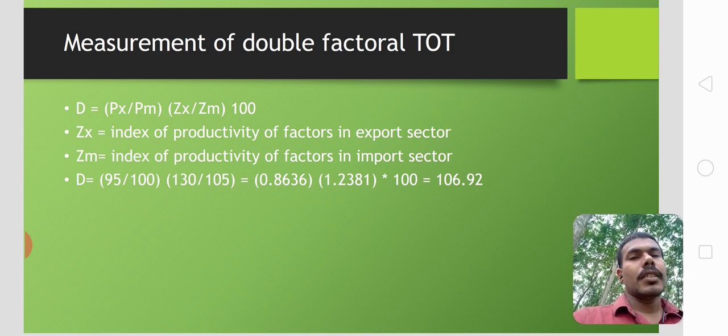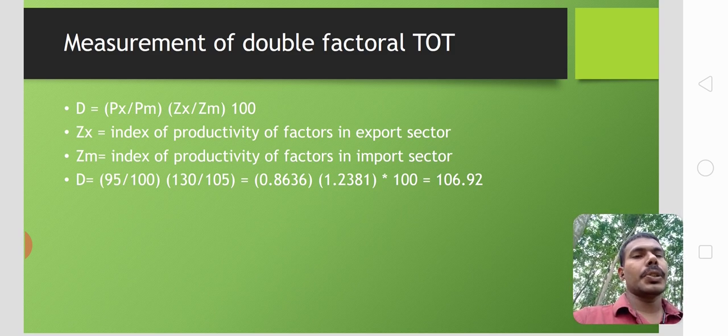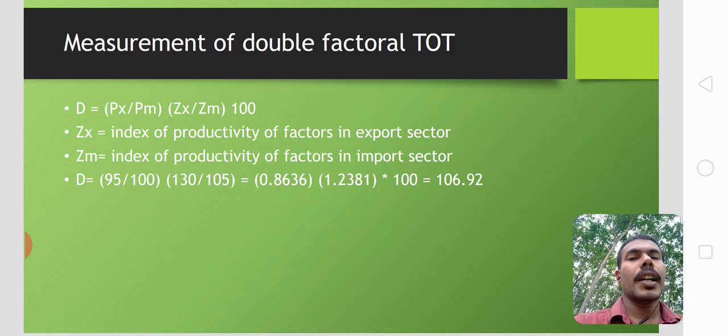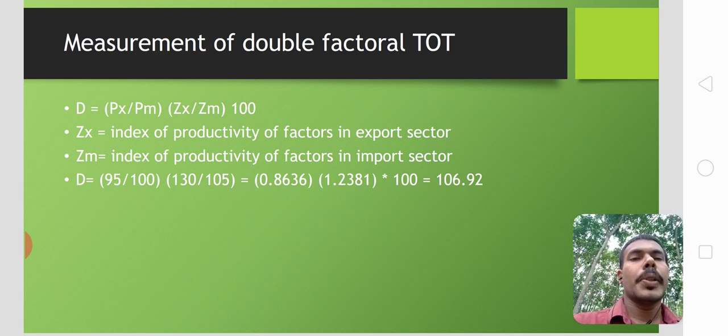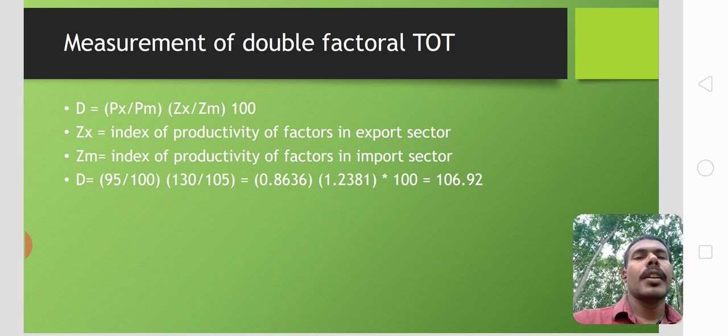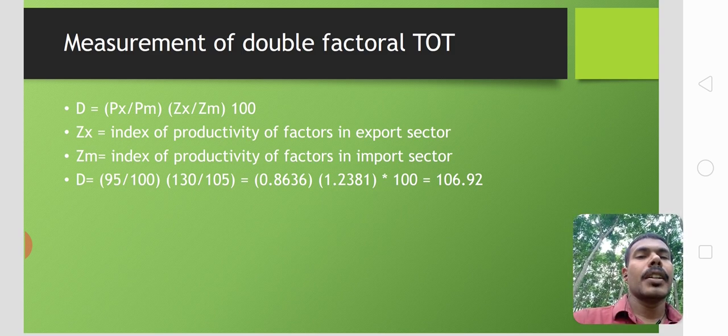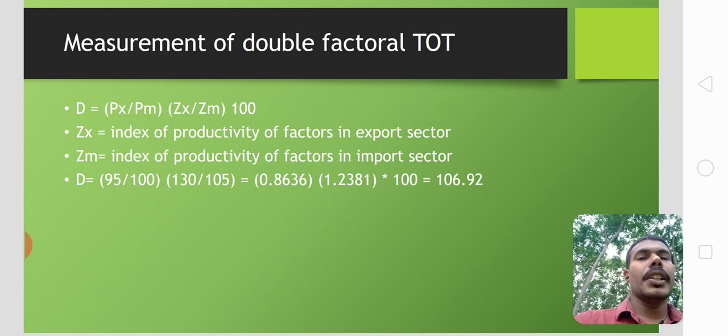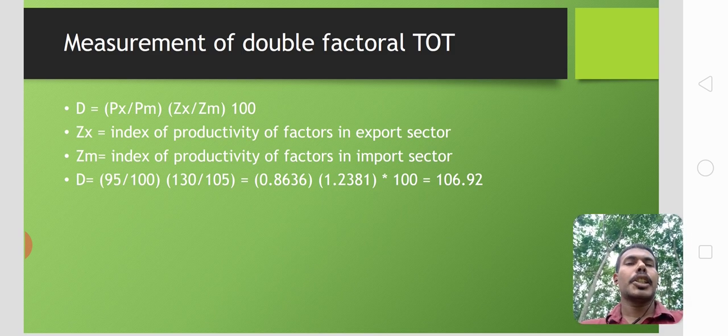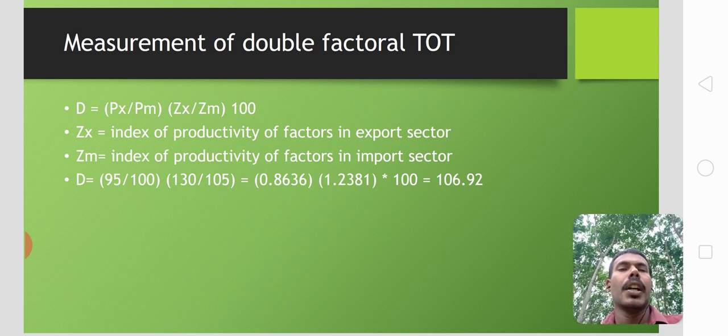And the last line in the slide gives you the real figures. D is equal to 95 by 100, where 95 is Px and 100 is Pm, into 130 Zx by 105 Zm. So the productivity of factors in export is greater than the productivity of factors employed in the import sector.